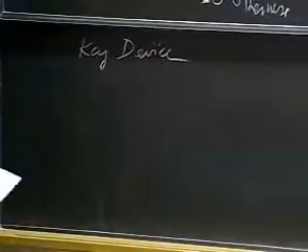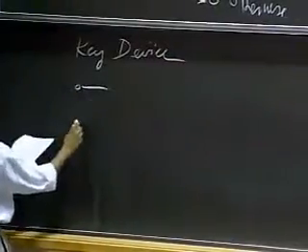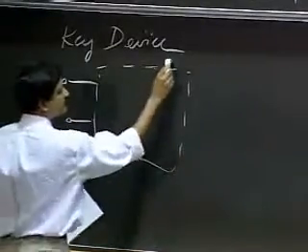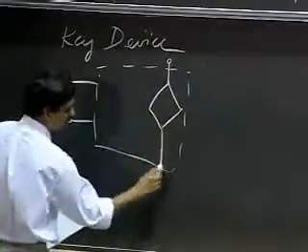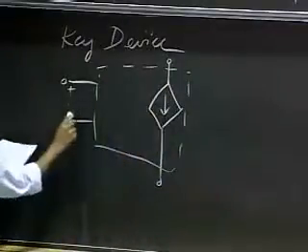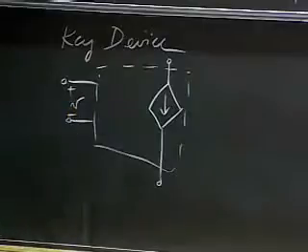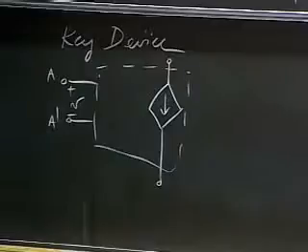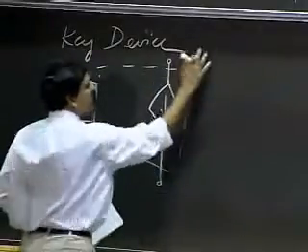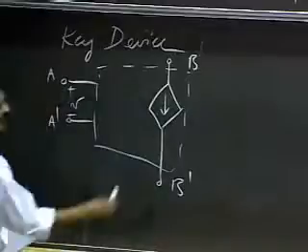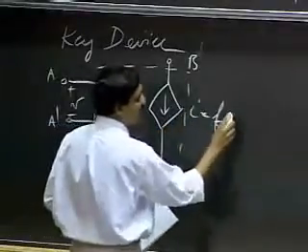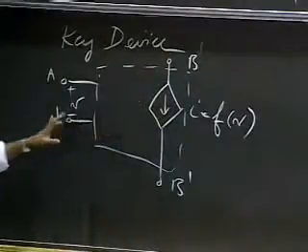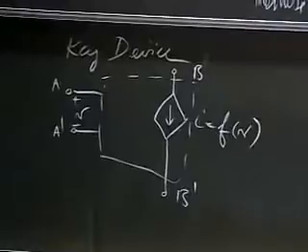So if I could find a dependent source that looked like this, if we had a control port A prime and output port B prime, and I looked at some examples where the current through the dependent current source was some function of the input voltage.